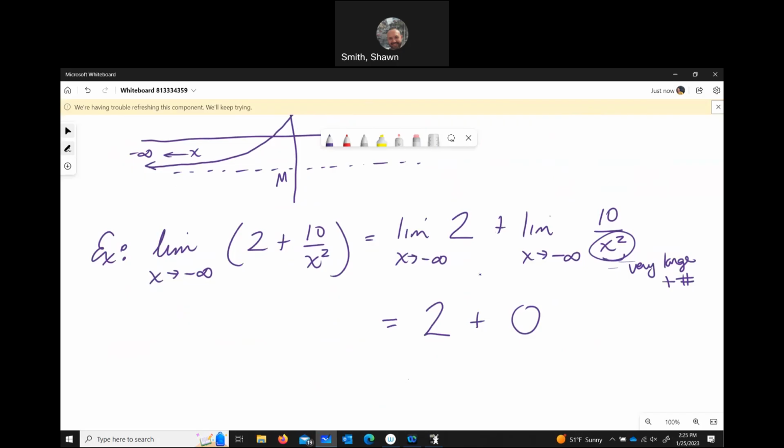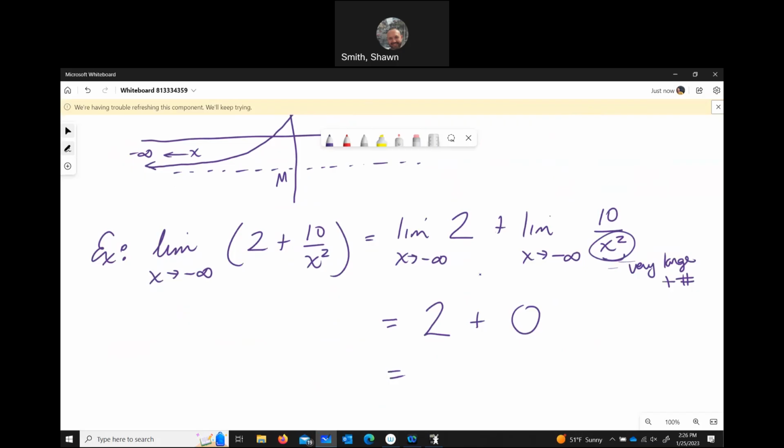You look on the negative side too: 10 divided by negative 1 million or something. That's a very small negative decimal. That's just on the other side of 0. It's still going to 0, right? So on both sides, you're approaching 0.